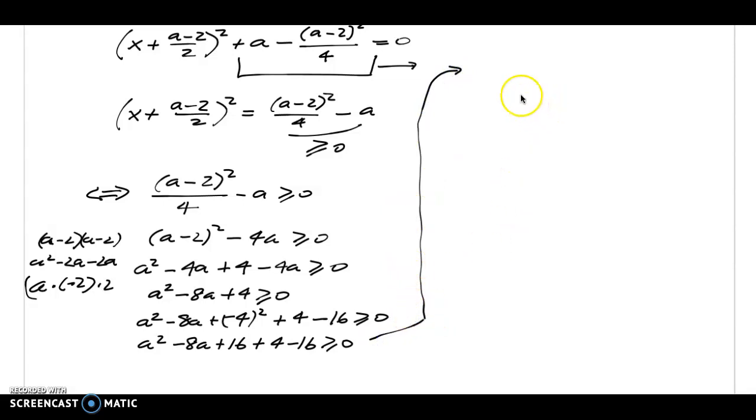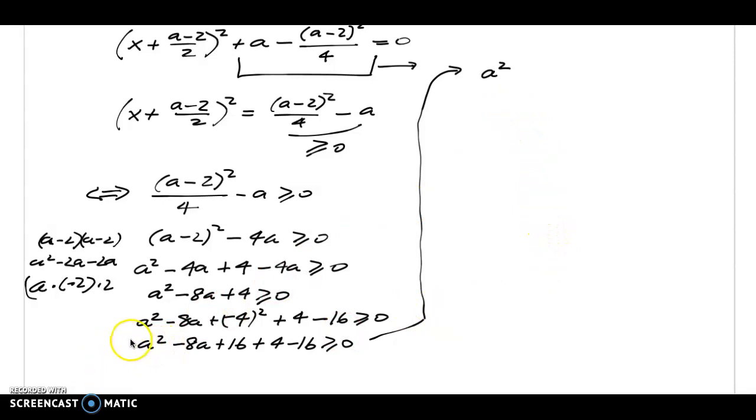There you go. Now what you see is you're going to get a squared, and here we're going to keep the minus 16.